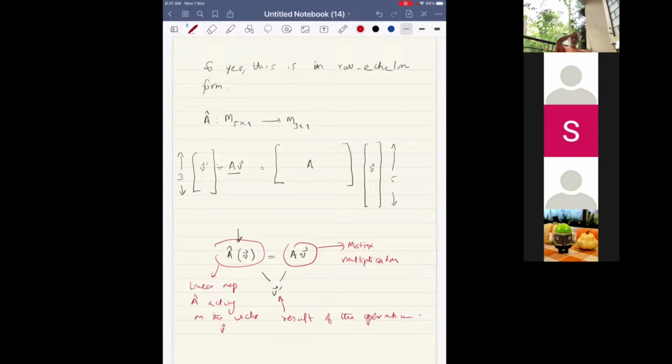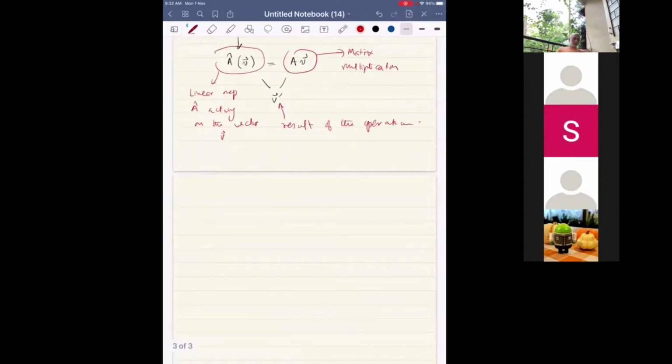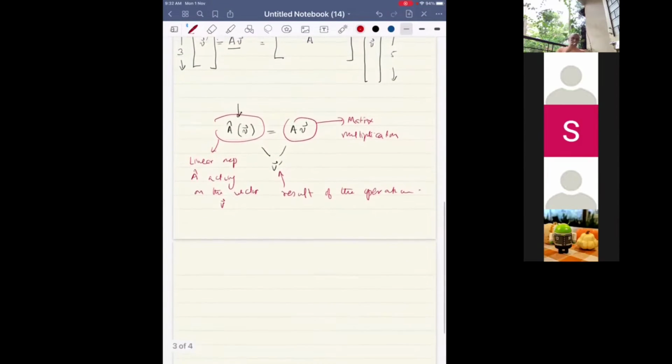Or you can think of the linear map A hat, which eats the vector V and spits out the vector V prime. So as we saw from the discussion before the class began, it's really important to go back and forth between the two pictures.